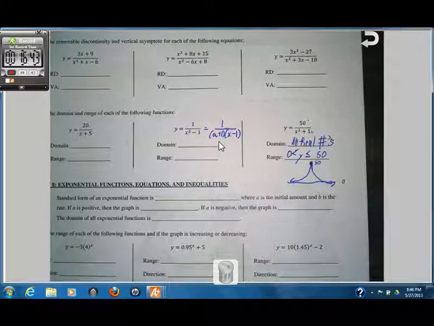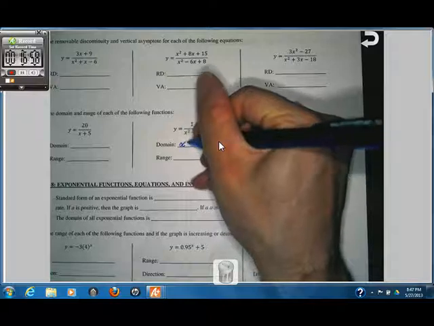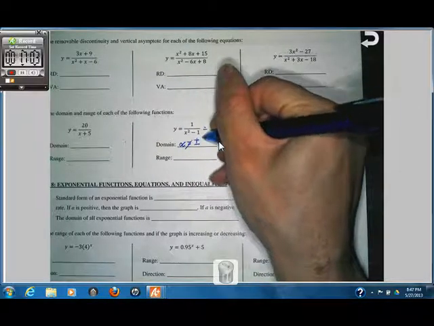Now, this is where life gets a little fun. Talking about the range is going to be a little bit on the painful side, but bear with me. Your numerator is always positive. If you think about it, you've got two little points right here. Here's negative 1, here's positive 1.